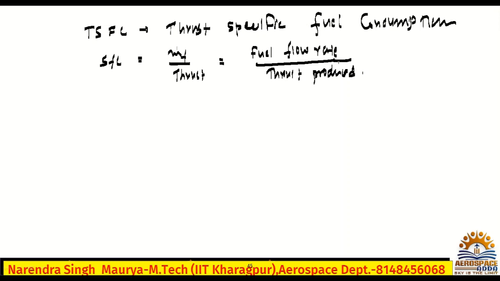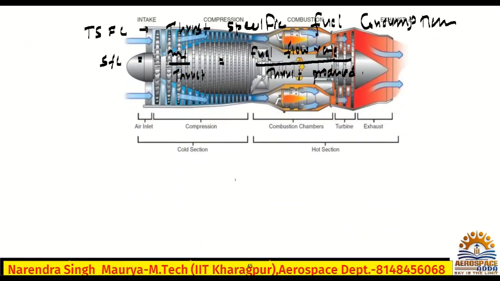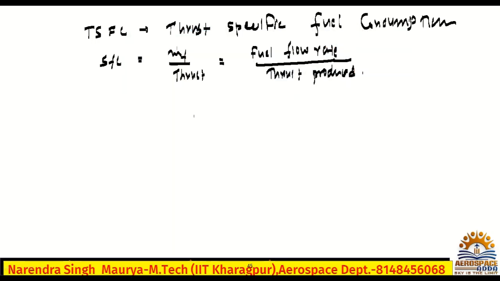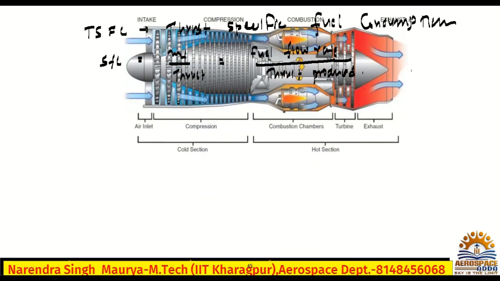Okay. Now they have given three engines: turbofan, ramjet, turbojet, and turbofan. All right. So check. This is the turbojet engine. Generally this is the formula you need to remember. This is the turbojet.